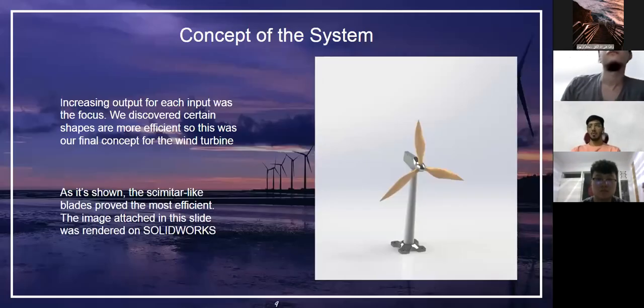Okay, so the most important thing in our research was wanting to focus on efficiency as much as possible. And we discovered certain shapes that are more efficient than others. So in this review, we wanted to go into the current state of the art for wind turbine blade design, including theoretical maximum efficiency, propulsion, and practical efficiency, especially horizontal axis wind turbine blade design and blade loads.